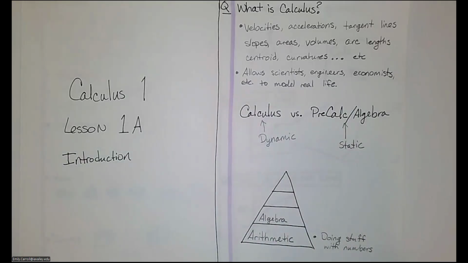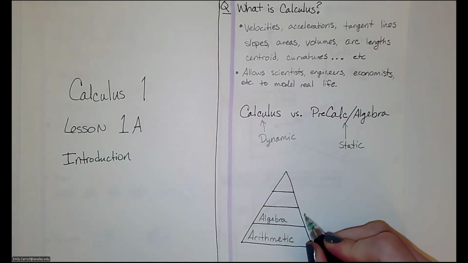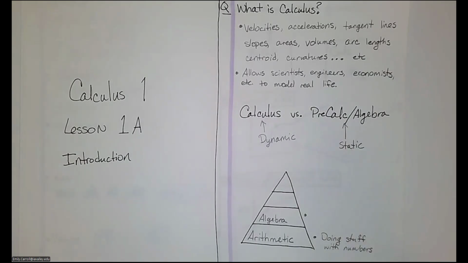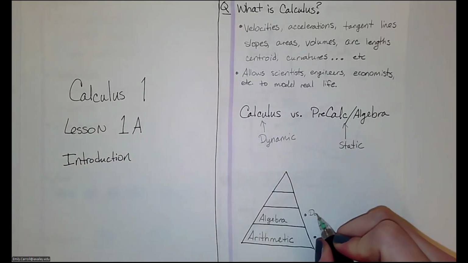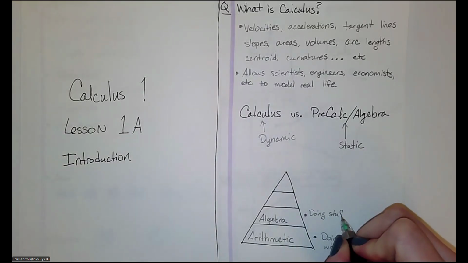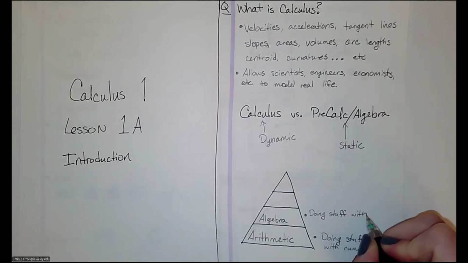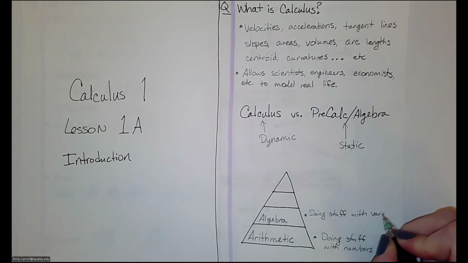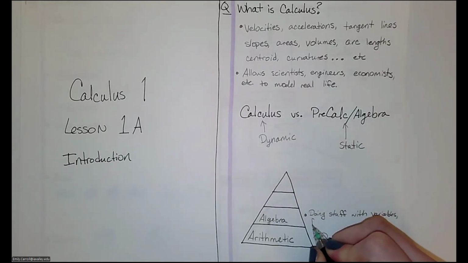From there, we've got algebra. Now, we're going to have numbers that are in some way arbitrary or unknown. So algebra is doing stuff with variables and functions.